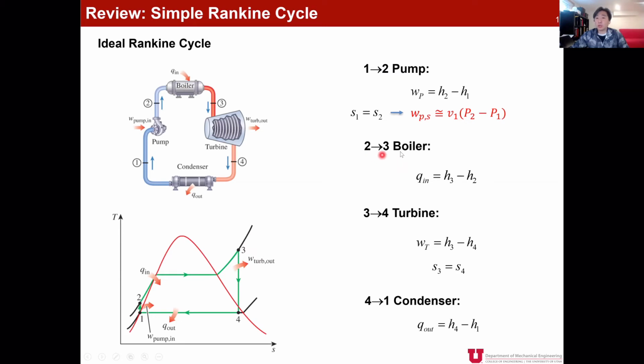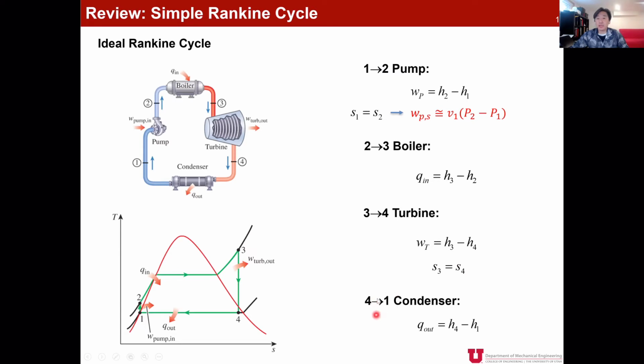Now, in a boiler, we can calculate the amount of heat addition by subtracting h2 from h3. And in a turbine, we can calculate the turbine work by h3 minus h4. But one more condition that we have to apply is that for the ideal expansion, we have to satisfy the isentropic process, which means s3 should be the same as s4.